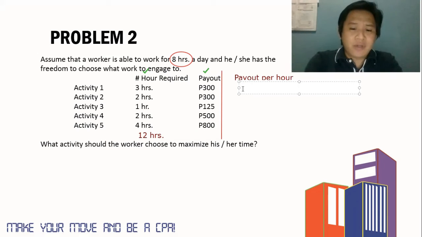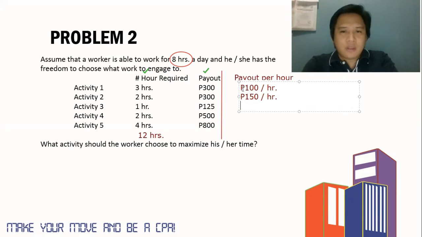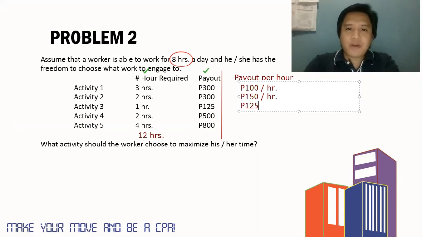Now, easy for activity 1. 300 divided by 3 hours, that will give us 100 peso per hour. Activity 2, 300 divided by 2 hours, that will give us 150 per hour. Activity 3, that's already given, so 125 peso per hour.